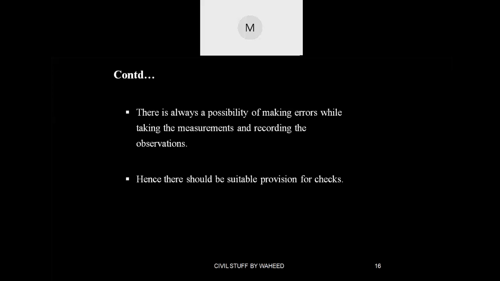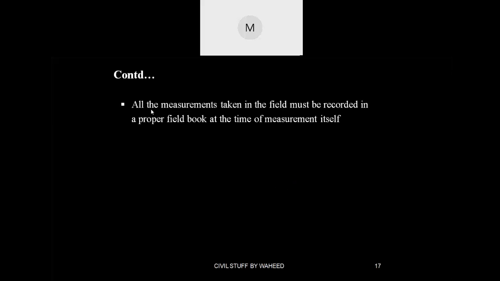While taking the measurement we may not take it properly, and while reading and writing we may make mistakes. Whenever you do the measurement, you have to write the observations at that same time. Hence there should be suitable provision for checks.